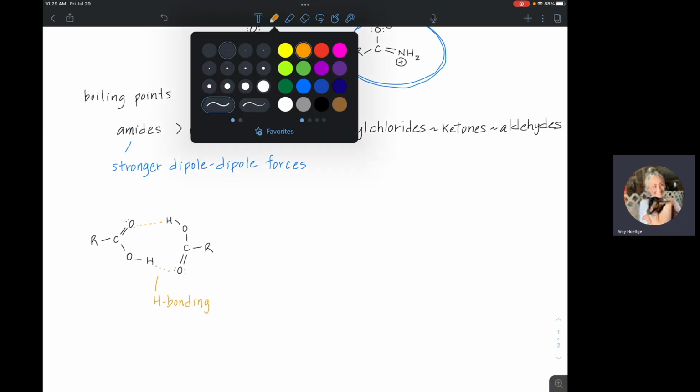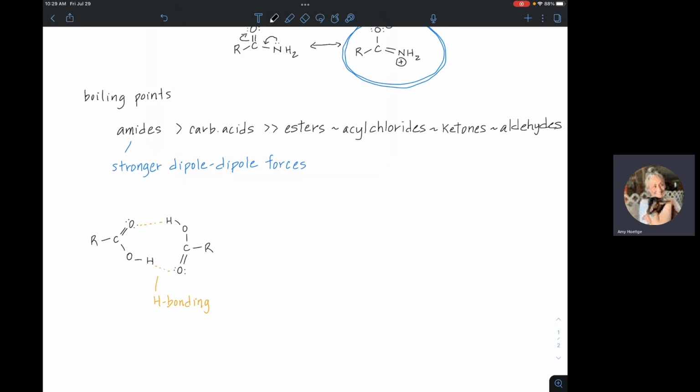We could have dipole-dipole interactions between the two carbonyls. But there's no actual formal charge on the carbon or the oxygen.